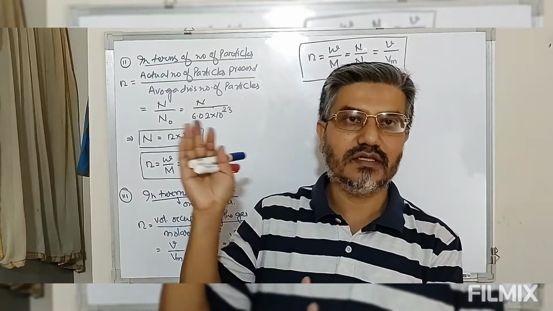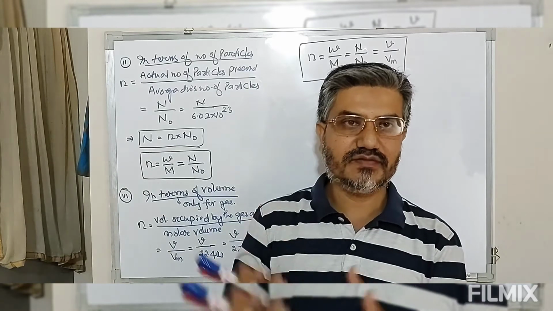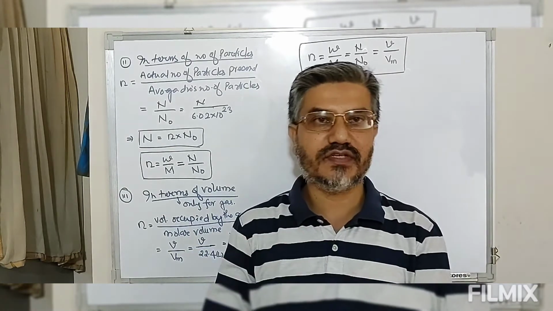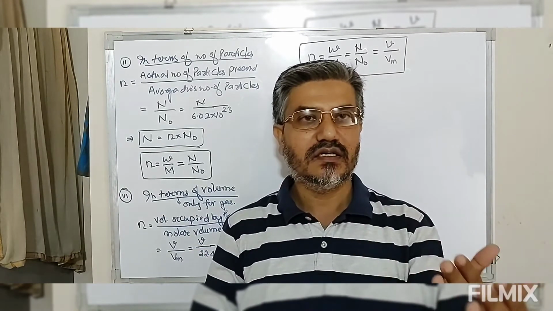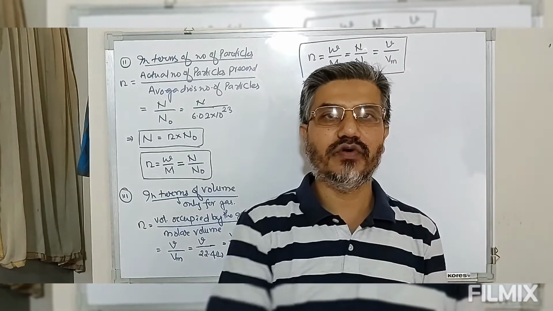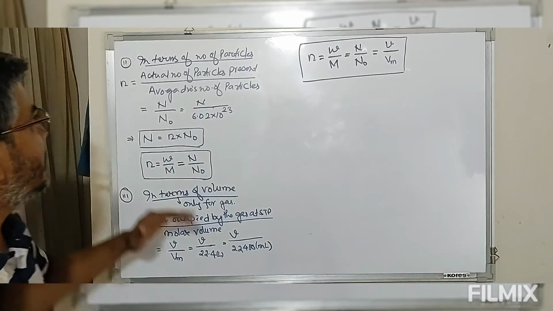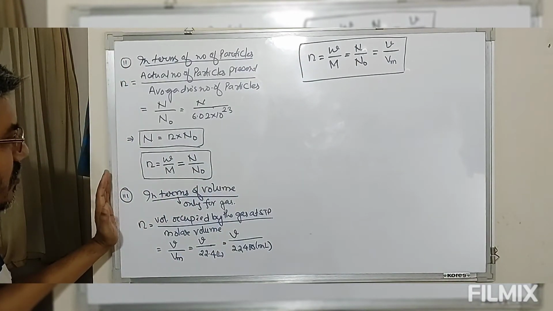So from that, the concept of mole was developed. So any given substance, mole is defined as the amount of substance that has the same number of entities as present in 12 gram of carbon 12. So these are the three ways by which we can define number of moles.